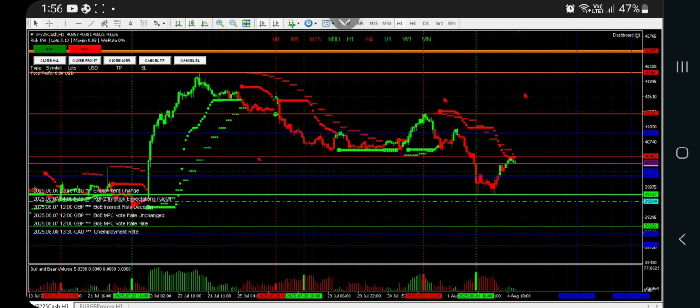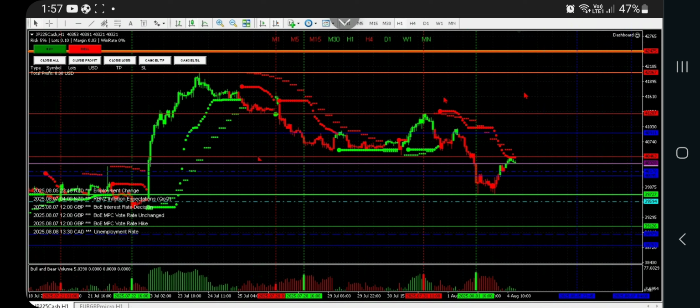The way these support and resistance levels behave is they look at those areas that have been tested multiple times on the market and mark those as support and resistance areas.